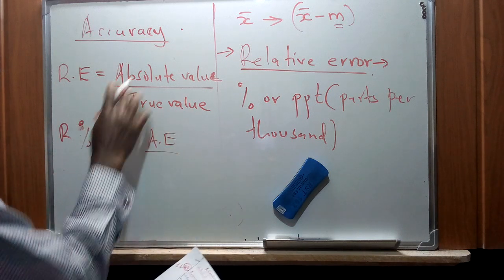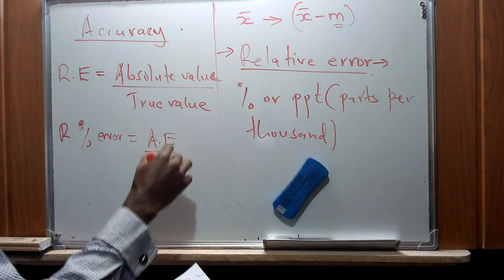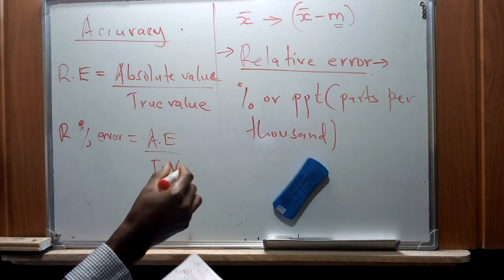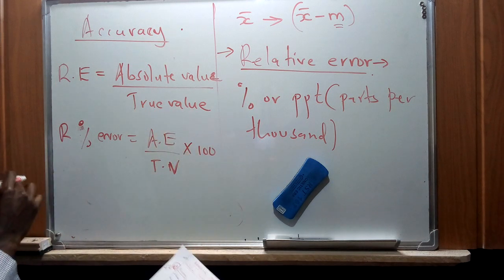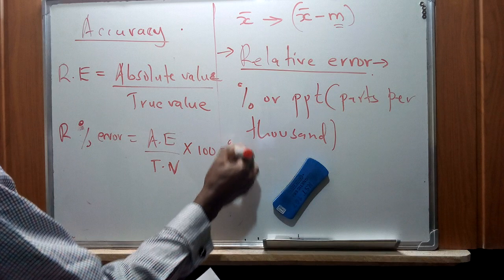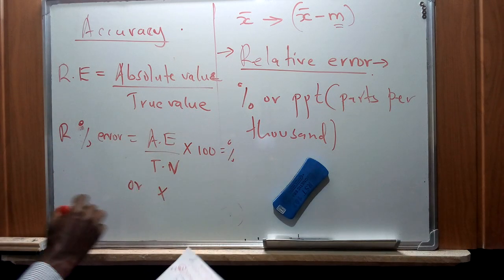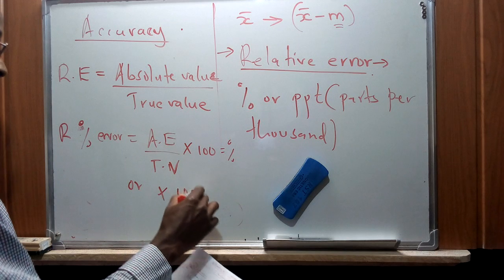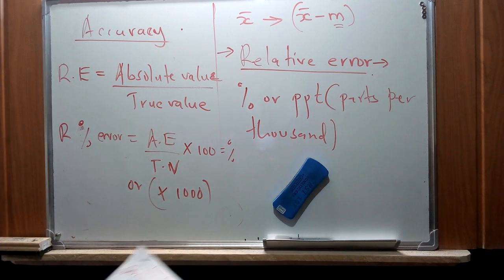We just use these initials because we've already written them. So expressing this one as a percentage, of course this is a ratio, it's going to be times 100. So the answer we get is in the form of a percentage, maybe X%, or it can be expressed in forms of parts per thousand, which is going to be given by doing a multiplication of this value.